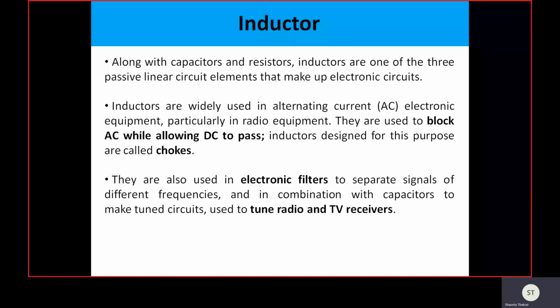So inductors are connected in series in the filter circuit so that they can pass DC and block AC components, and they are also used for tuning purposes. In the tuning circuits of radio and TV receivers we can see inductors and capacitors.